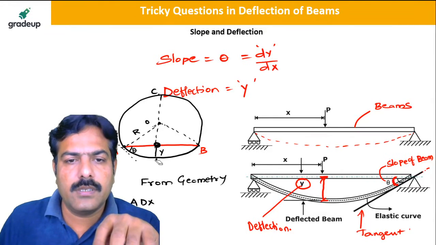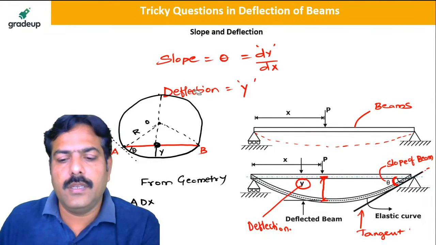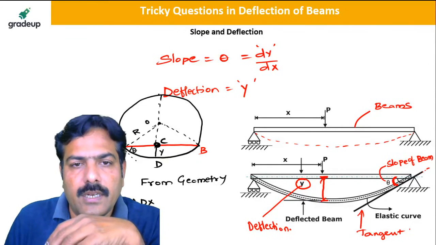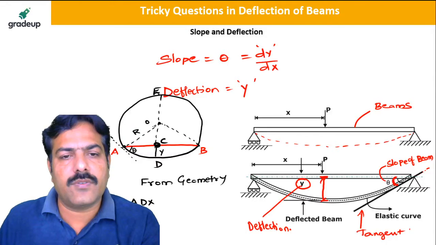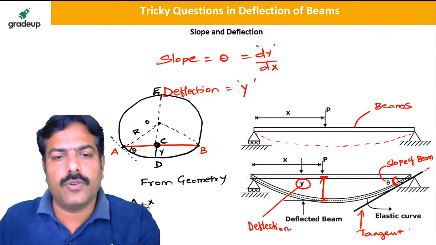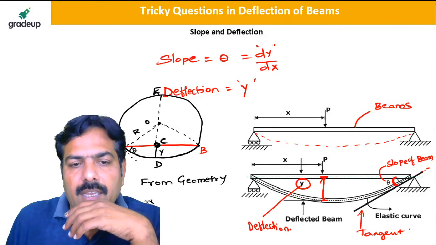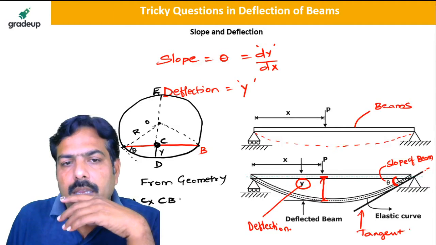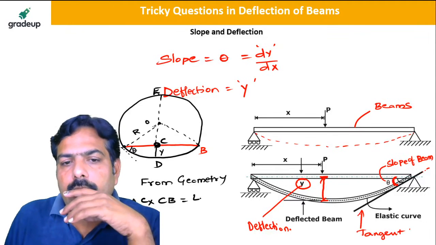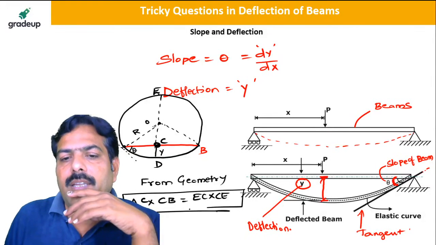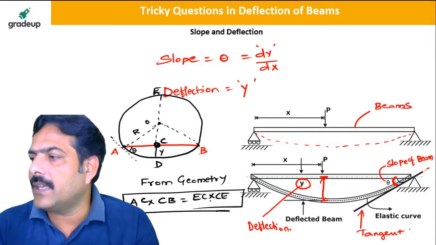Let this point be C, this point D, and this point E, because in the next figure I have shown the same thing. So AC into CB is equal to EC into CD. This is from the circle geometry that I am taking. Let's see once again in the next figure.